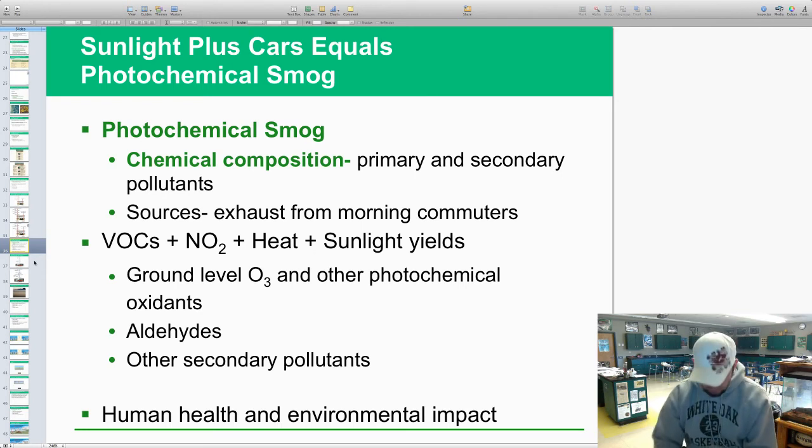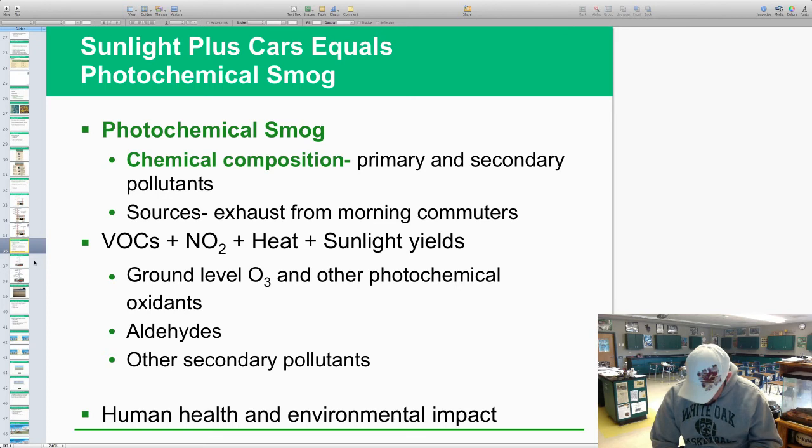And we have some major human health and environmental problems from photochemical smog. Let's see if I can find some of them for you today. It says, there it is. As traffic increases on sunny days, photochemical smog dominated by ozone usually builds up to peak levels by late morning, irritating people's eyes and their respiratory tracts.